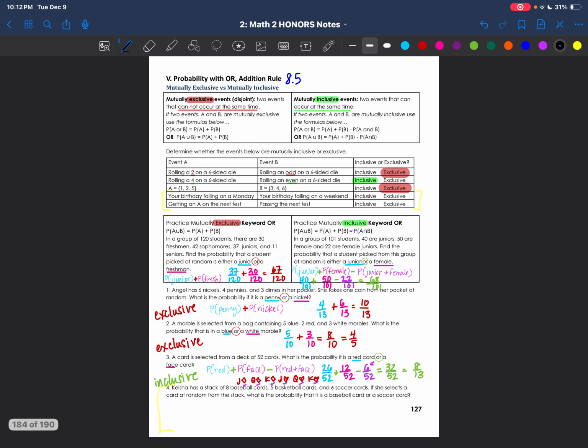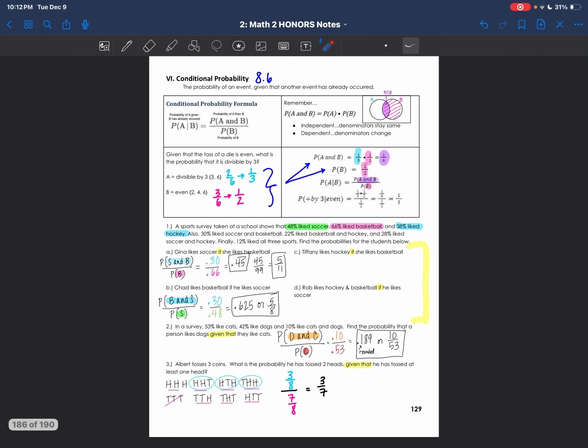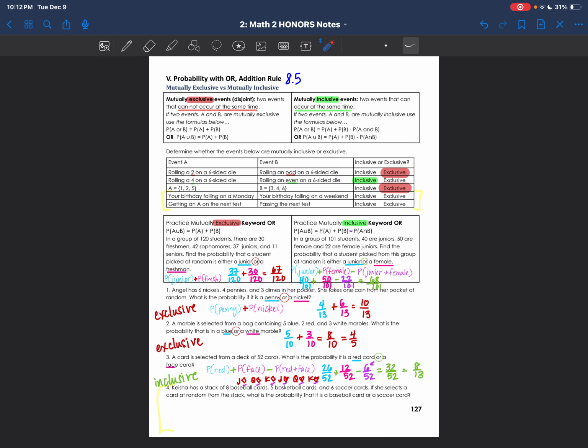Just remember, if it is exclusive and they use or, you're going to just add. If it's inclusive and they use or, you're going to add the first part, but you need to subtract out any that's both. All right, and that is probability with or, the addition rule.